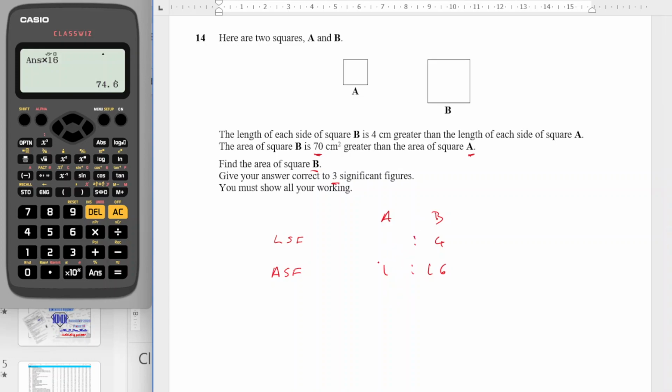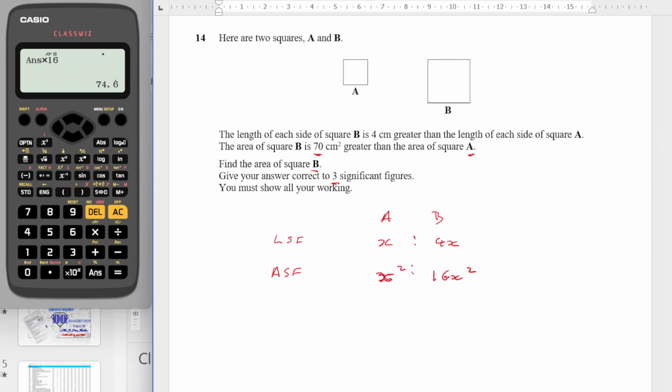The way I'm going to do it is I'm going to call this length x to start with, and this would be 4x. It is a square, so the area of this one would be x squared, and the area of this one would be 16x squared.